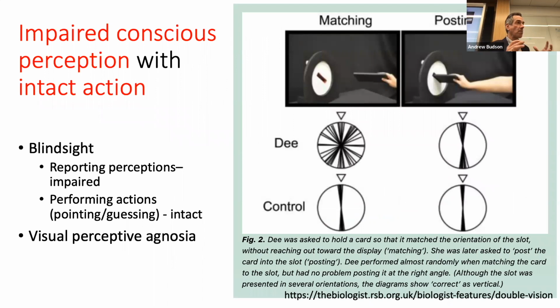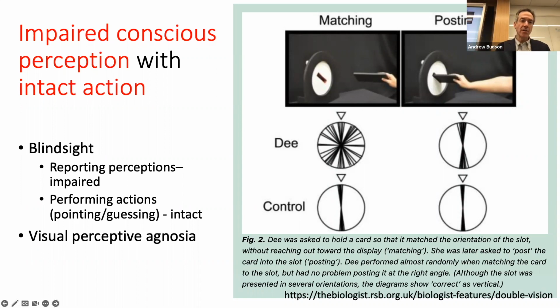We know that there are patients that have damage to their brain and do not have adequate perceptions. So individuals with so-called blindsight are blind in one area of their visual field, so they can't consciously see anything. But if you ask them to guess or just point to where they think a stimulus is, it's way above chance.